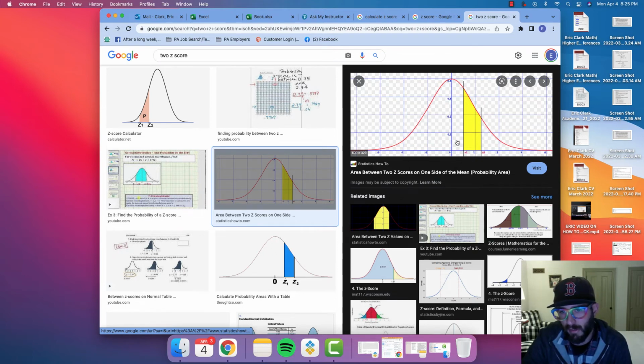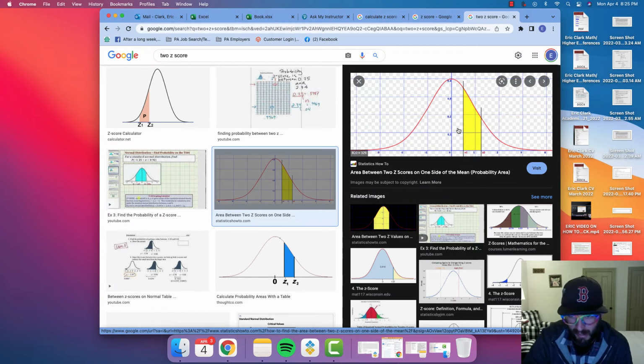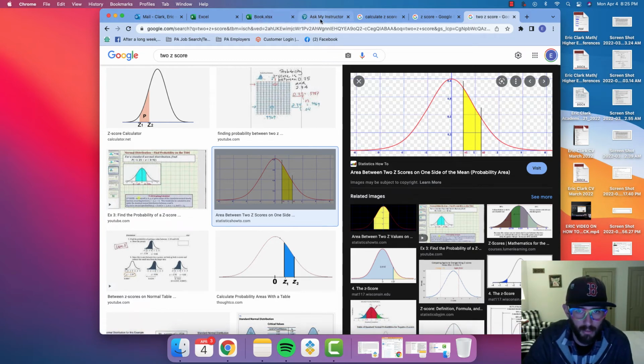We're going to take this cumulative probability and then subtract the second cumulative probability associated with that second x value. So essentially, to reiterate, we're going to take the probability for the larger value and subtract the probability from the smaller value to get the shaded region here.